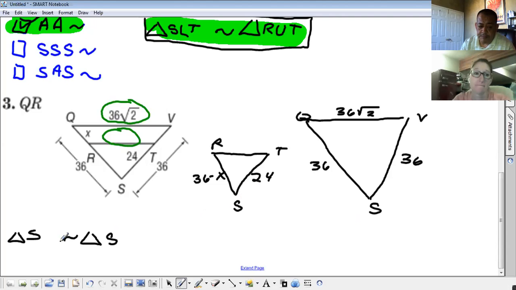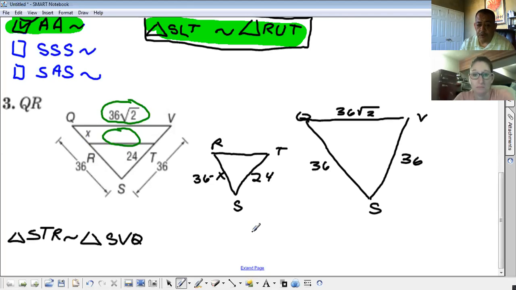T in the small triangle corresponds to V in the bigger triangle. Now R on the little triangle corresponds to Q. Now they want me to find QR, that is the x.